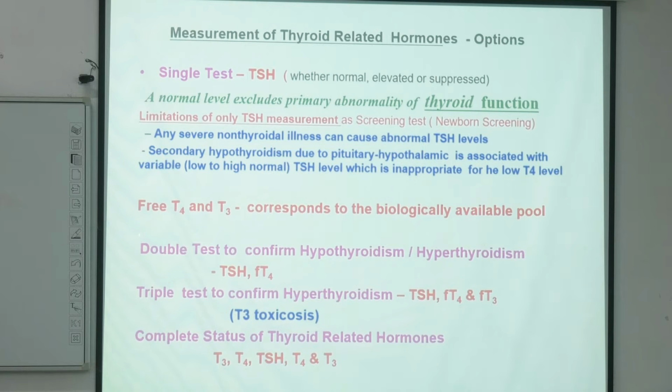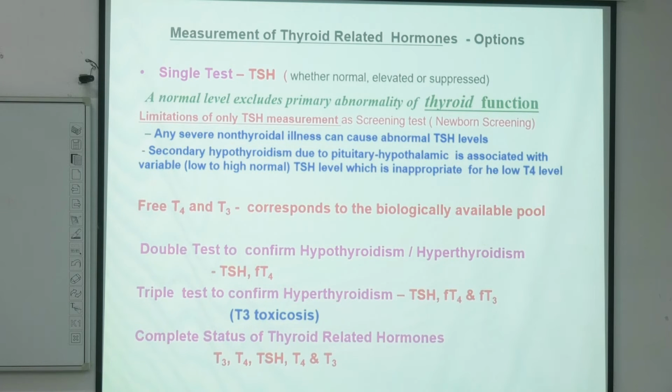So if T4 and T3 are available, and that is biologically active, if 2 tests are given, you do TSH and FT4, that will confirm hypothyroidism and hyperthyroidism, because in either case, TSH will be either low or high, and FT3 can be low or normal in either case.